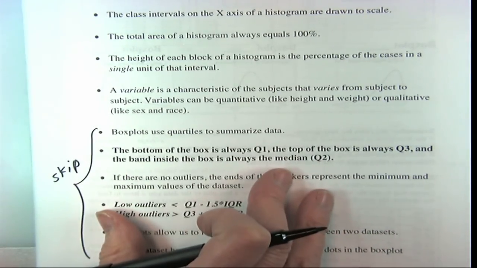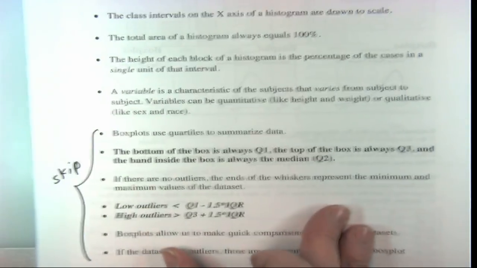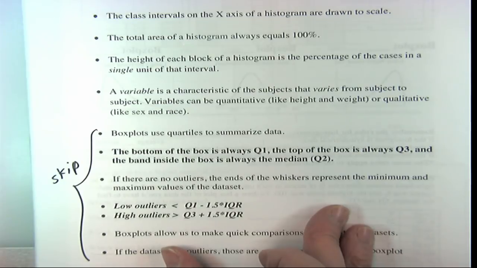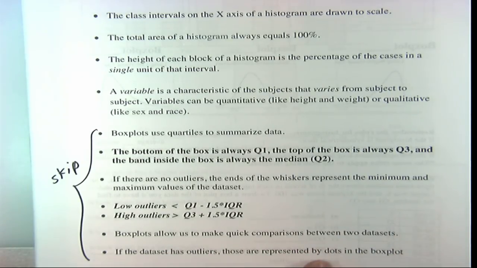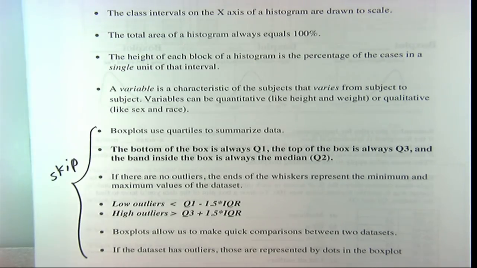This is usually used for skewed data. It's very handy. It's a more drastic summary than a histogram. It basically just shows the middle 50% of the data and outliers.